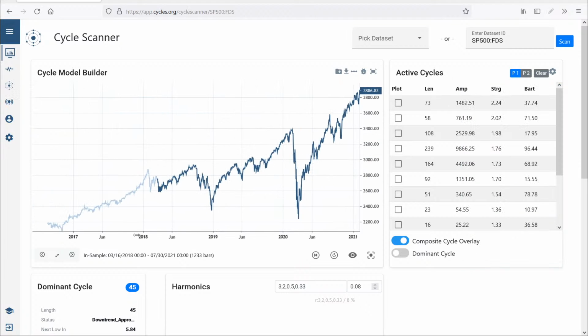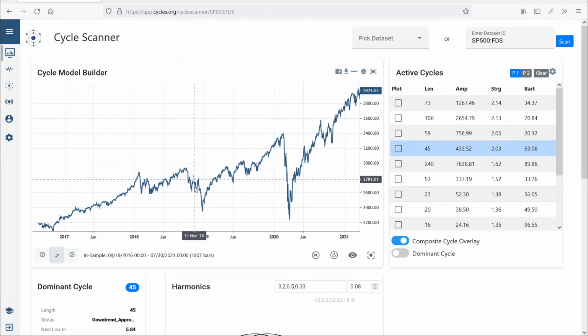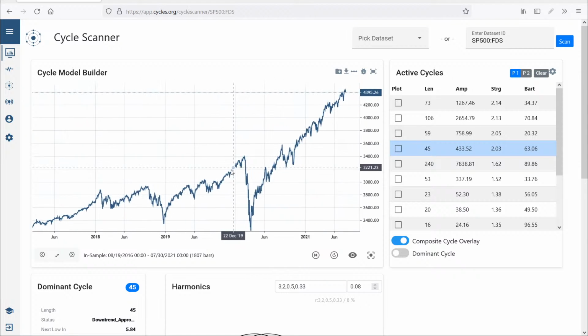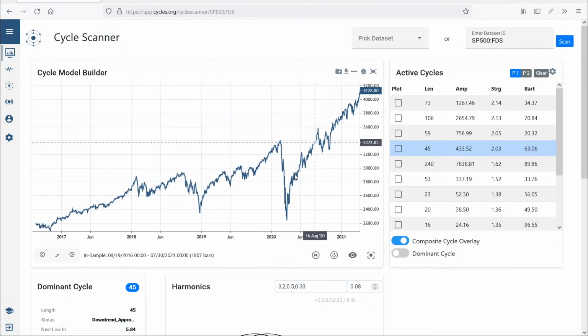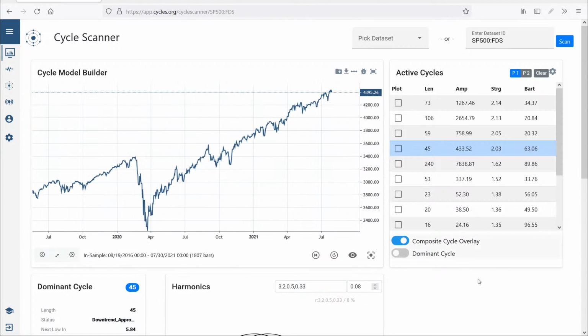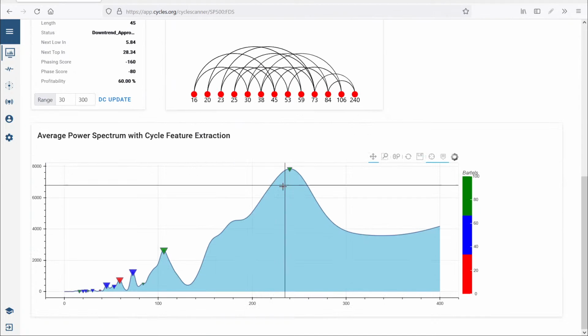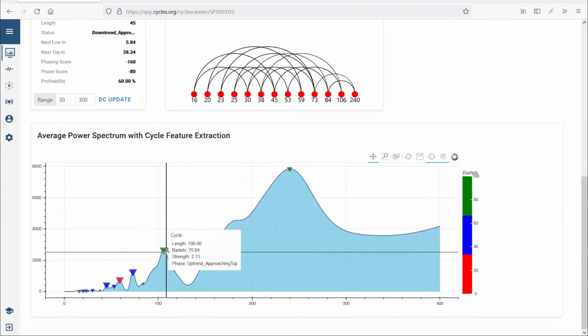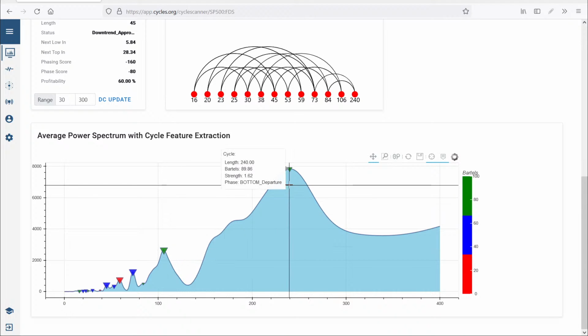In this case, we need more data on our chart, so that at least from the detrended version, we might see some more clues. So I've now added more data to get some more information, and we see two key cycles or two peaks in the spectrum, which give us maybe a clue on what we should look at.